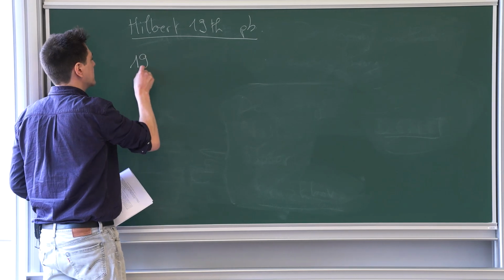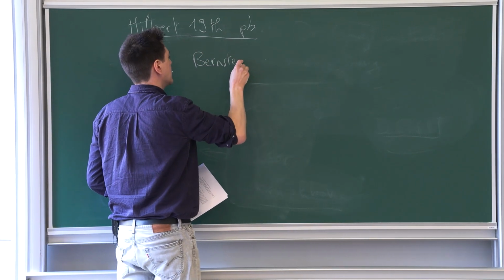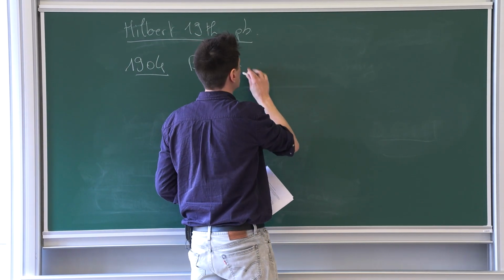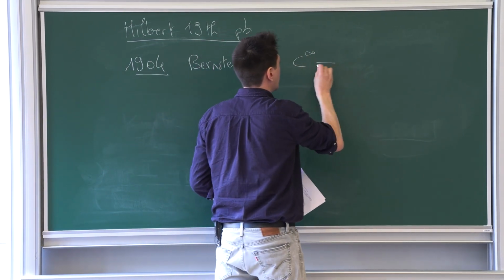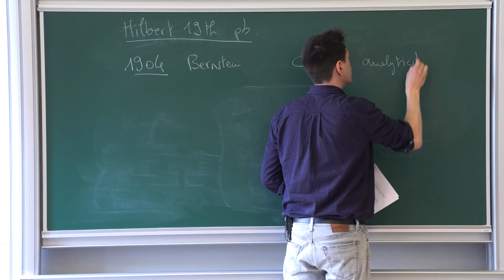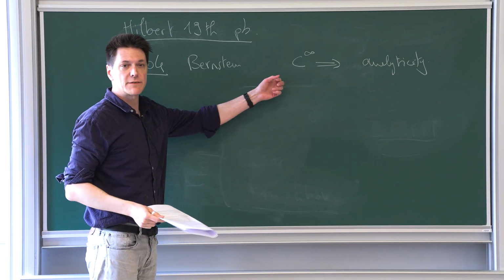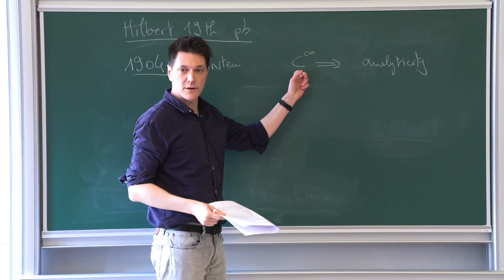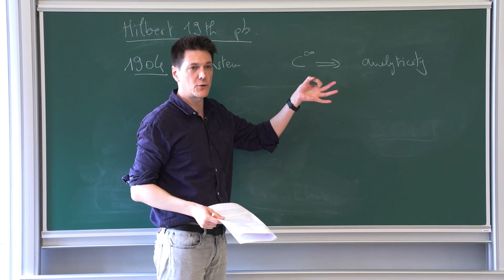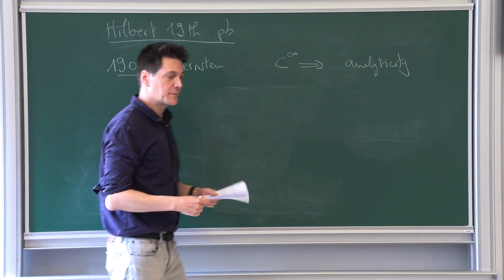So the first thing is Bernstein, 1904, which essentially tells you that if you have C infinity, you have analyticity. It's not so surprising. If all the derivatives exist, you have to check the summation of the entire series, that it converges. It has a non-zero radius of convergence, and you fight brute force with the PDE.